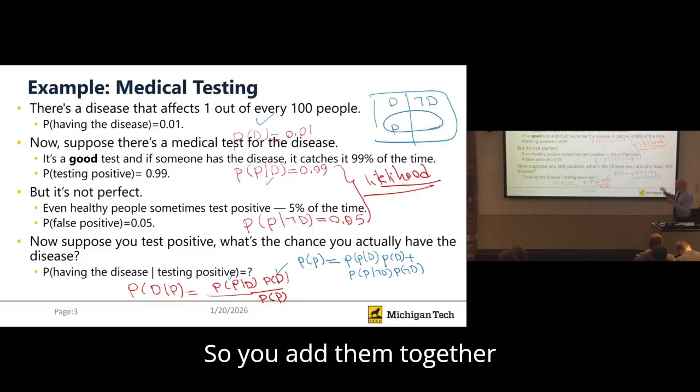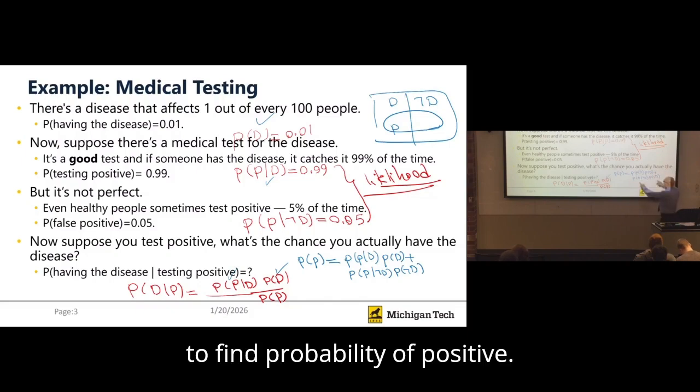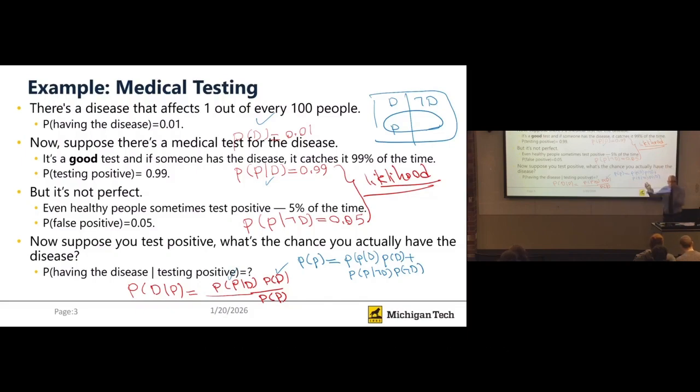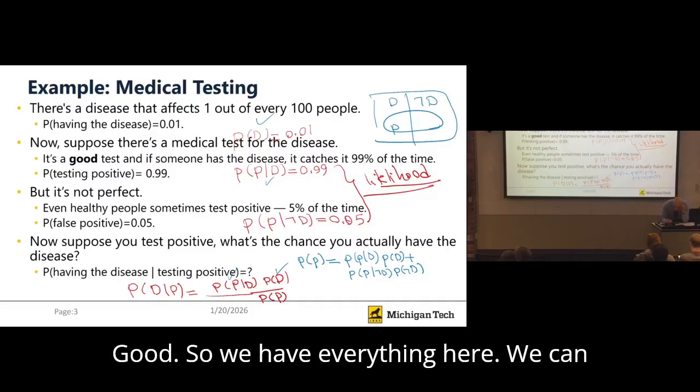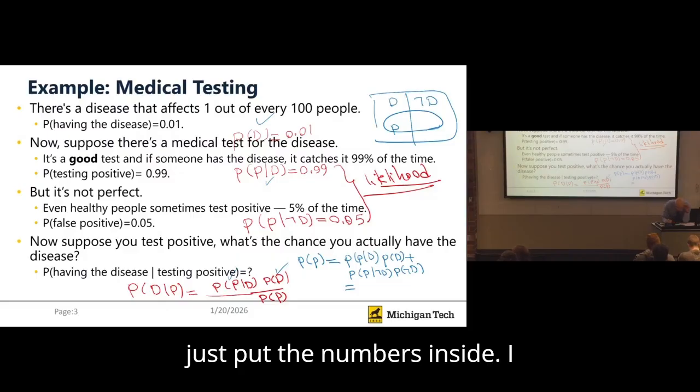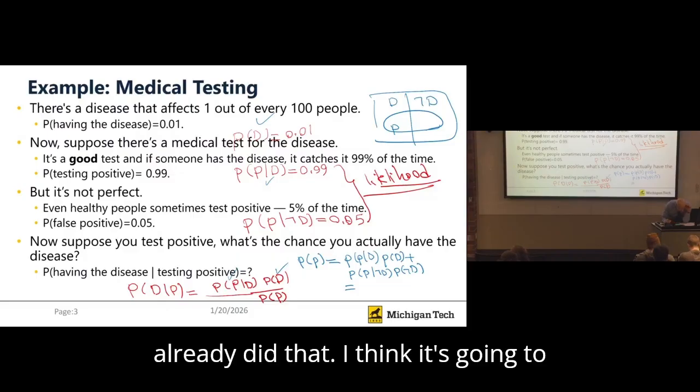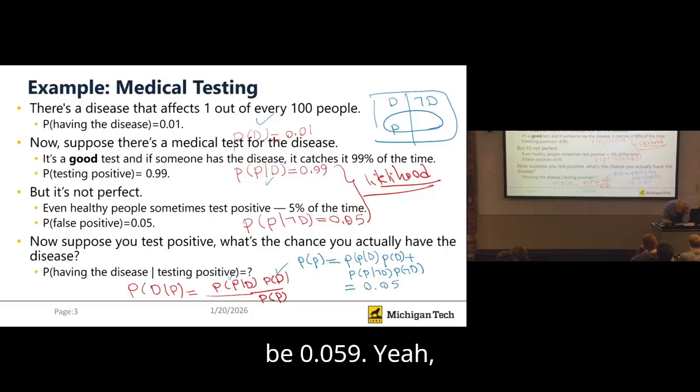So you add them together to find the probability of positive. Simple, no? Good, so we have everything here. We can just put the numbers inside. I already did that. I think it's going to be 0.0594.